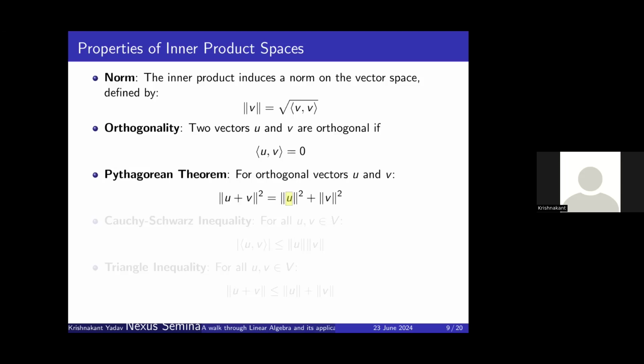Now moving on to the next property of inner product space. Let us assume u and v are arbitrary vectors in a vector space.